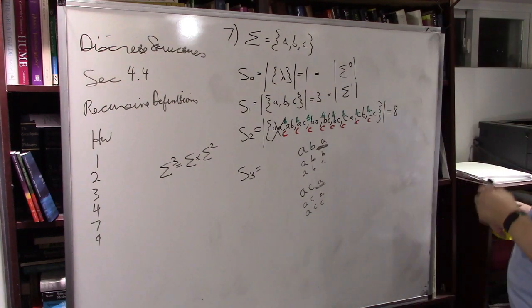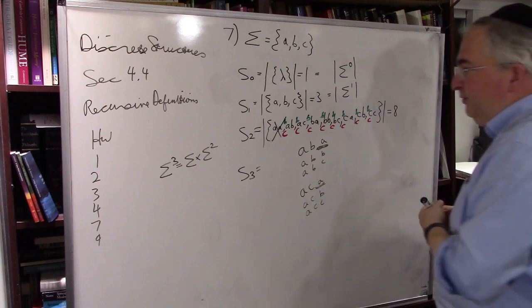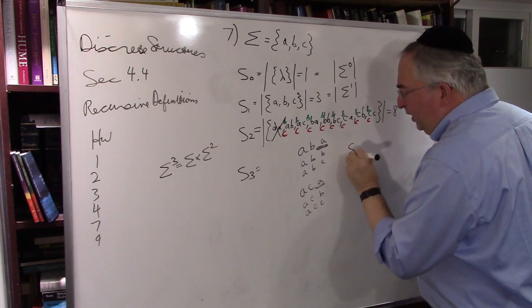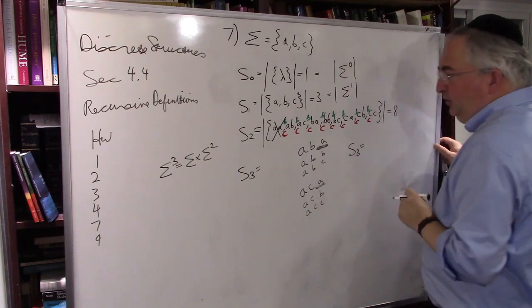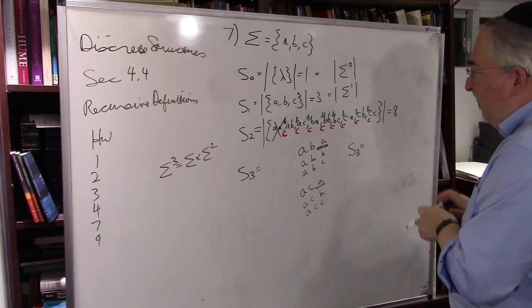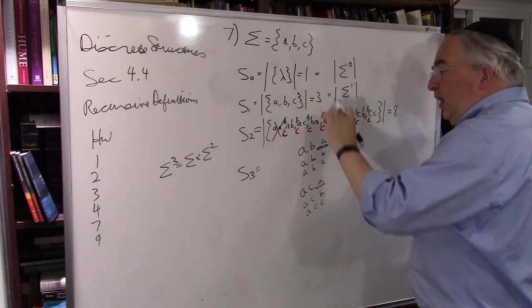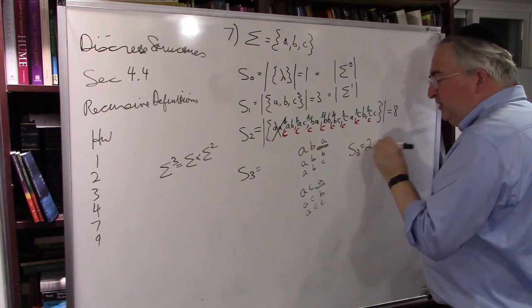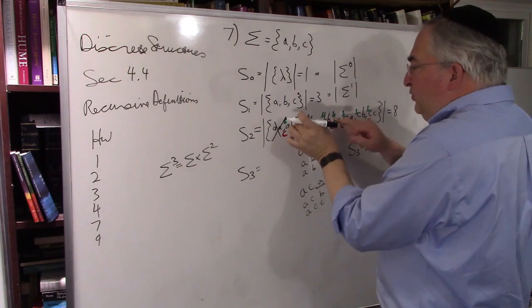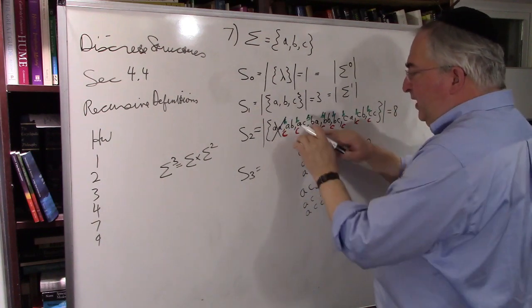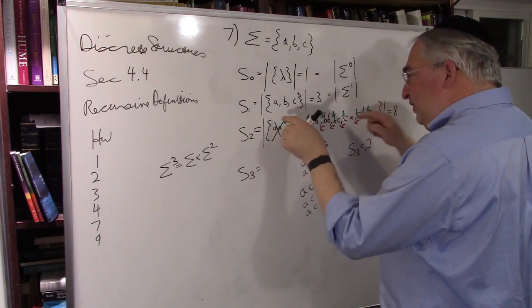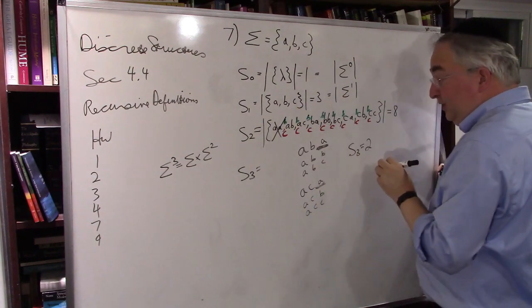Okay, so let's go through it. The answer is as follows. S of 3 is equal to, you ready? 2 times whatever the size of S of 2 is. Why? Because the letter B can fit there and the letter C can fit there, as the first letter of the next thing.